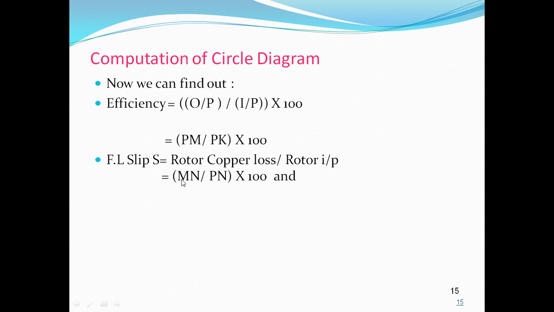So you directly take a scale and measure the MN and PN values in centimeters and divide MN by PN. Next is the full load rotor speed: N is equal to Ns into 1 minus S.